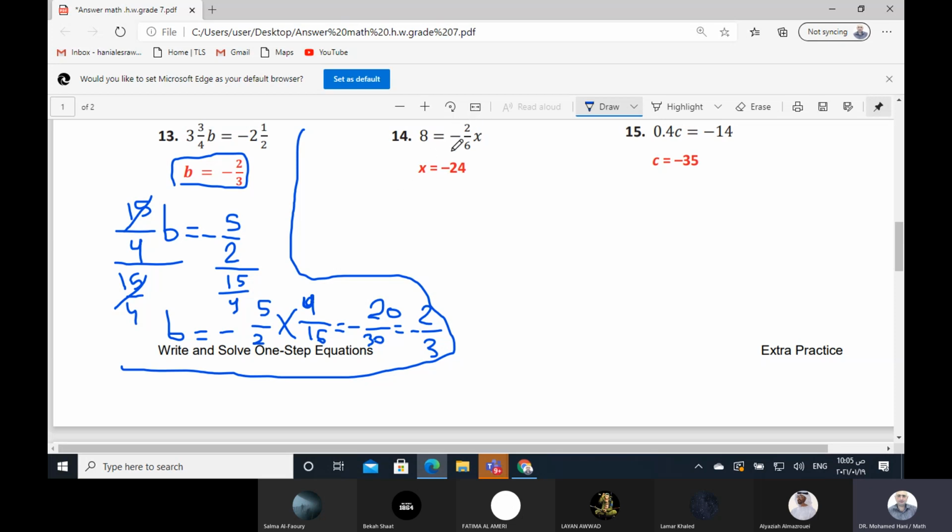We can divide by the coefficient, divide the two sides by minus 2 over 6, or we can multiply by the reciprocal of 2 over 6. And here we can multiply by minus 6 over 2.